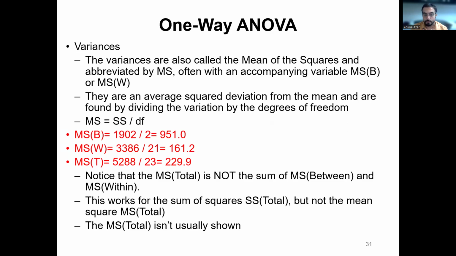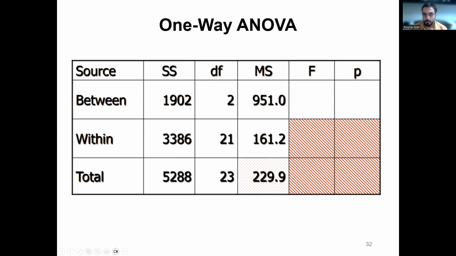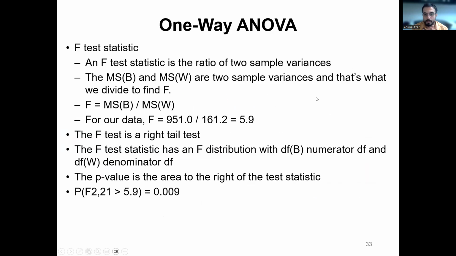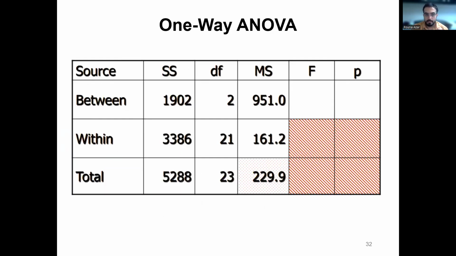The MS total is not usually shown. That's why it is in red. So we just completed the third step. Right now we are at the F statistic. The F statistic is the mean of squares between divided by the mean of squares within.